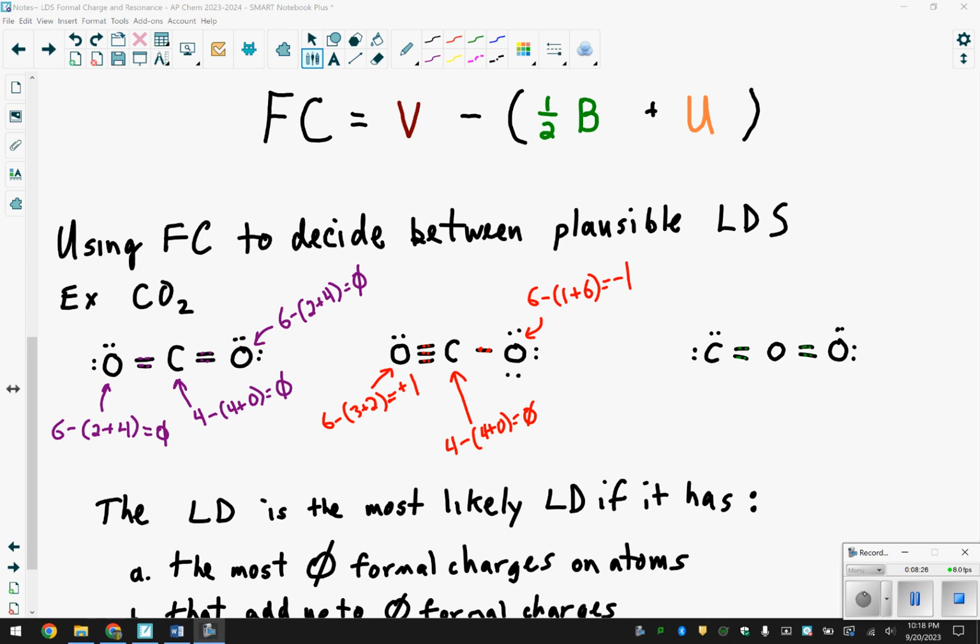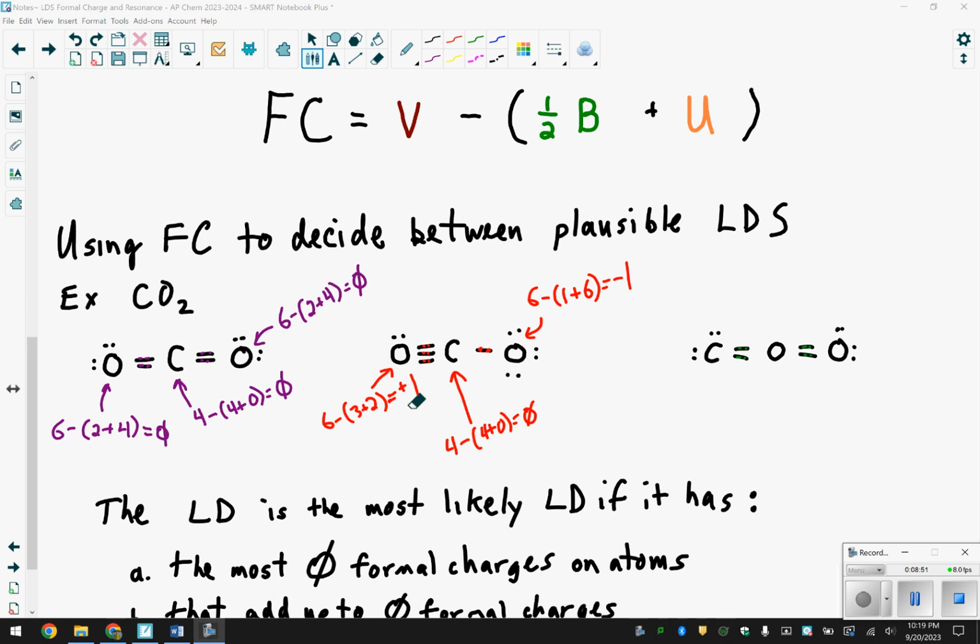Looking at the middle structure. The first oxygen, again, oxygen starts out with 6 valence electrons, has half of the bonded electrons is 3, has 2 lone electrons. It has a formal charge of +1. And look, it's bonded atypically. It's not bonded the way oxygen likes to bond, which is either two single bonds or 1 double bond.